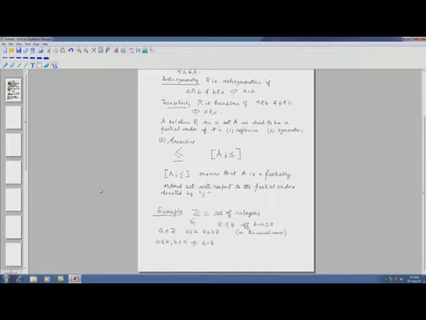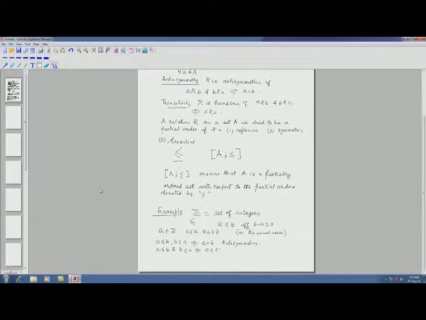So, we have antisymmetry over here. Finally, it is pretty much obvious that if we have a less than or equal to b and b less than or equal to c, where all of them are integers, then I can write a less than or equal to c, which is transitivity.